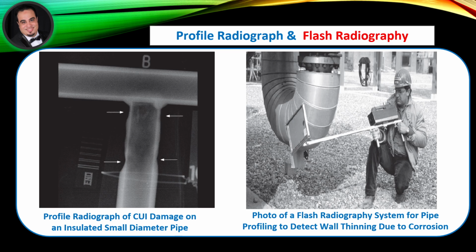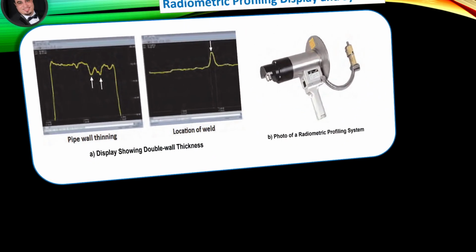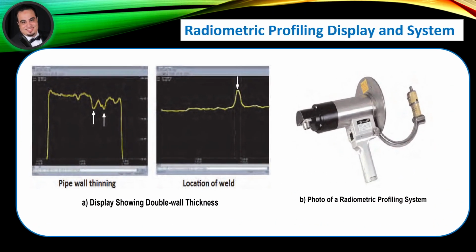Photo of a flash radiography system. Pipe profiling to detect wall thinning due to corrosion. As illustrated in figure. Example of radiometric profiling display and system.